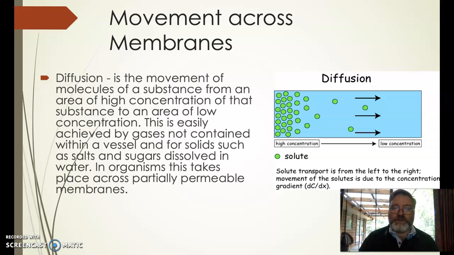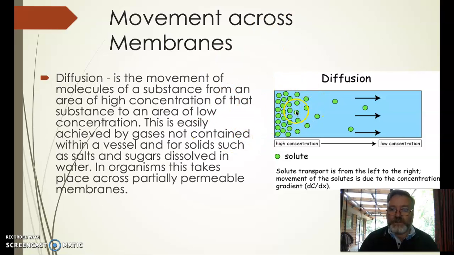So diffusion is a simple process. We can see in this diagram, high concentration of the dissolved stuff, the solute. That could be, say, salt. And there's none over here. So naturally, it just happens by itself, no energy required, no decisions need to be made.